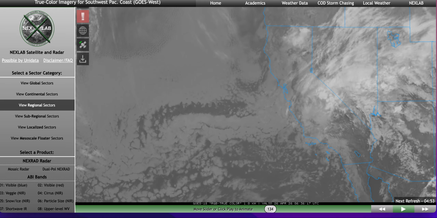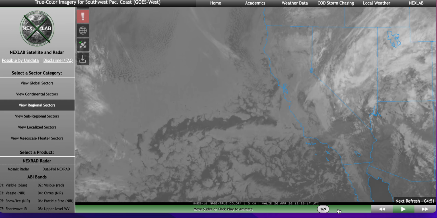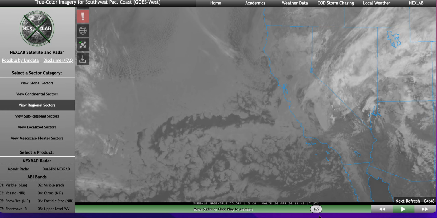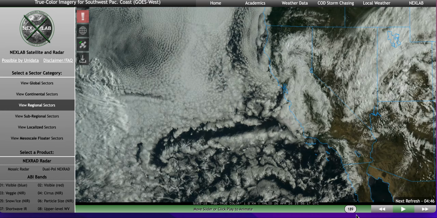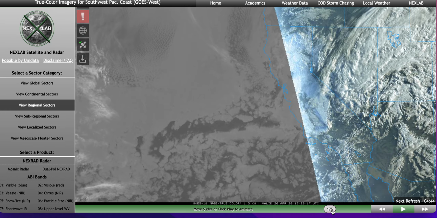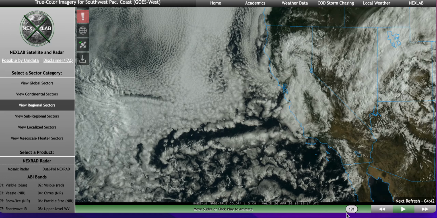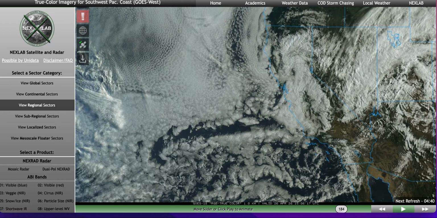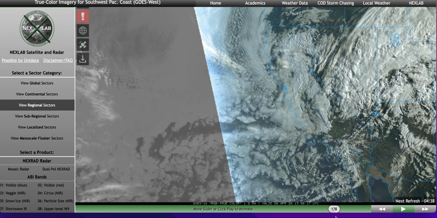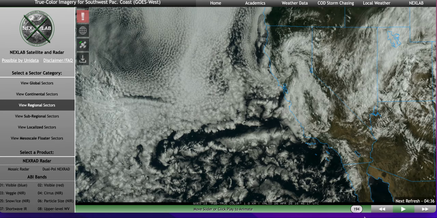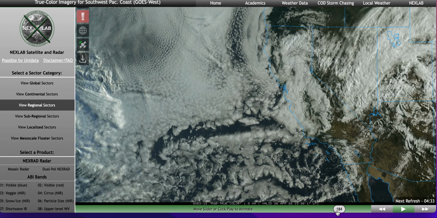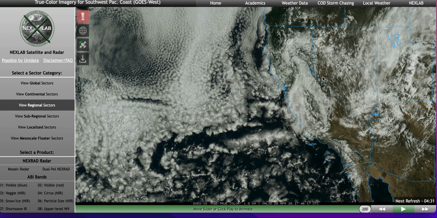Let me play this back again. Yeah, there's something, some kind of little vortmax or little shortwave spinning over the Central Valley right now, it seems, and that's infecting some mid-level clouds. See that little feature over here.